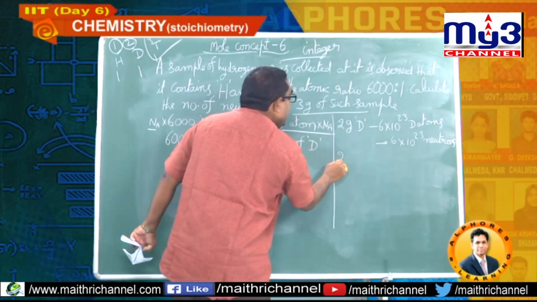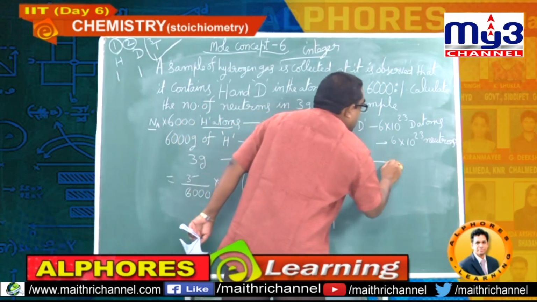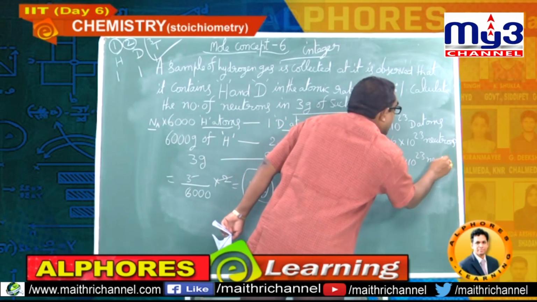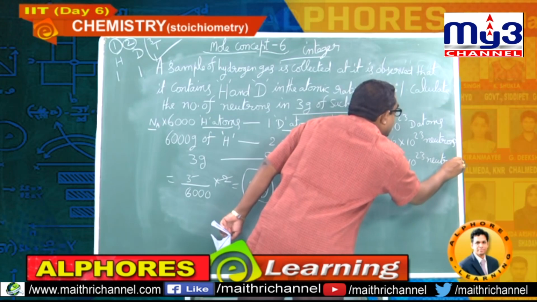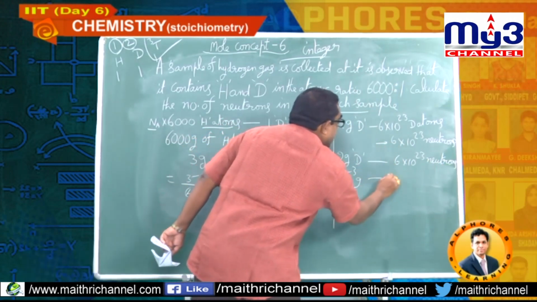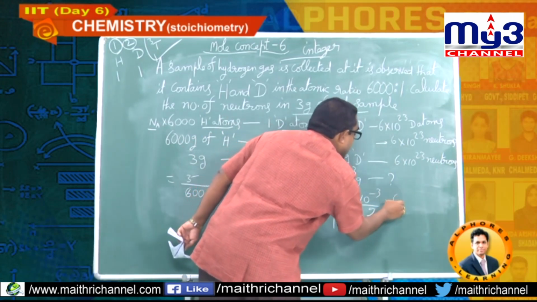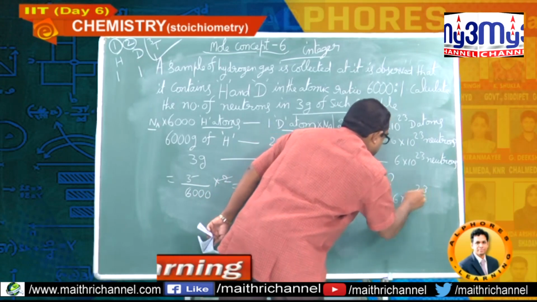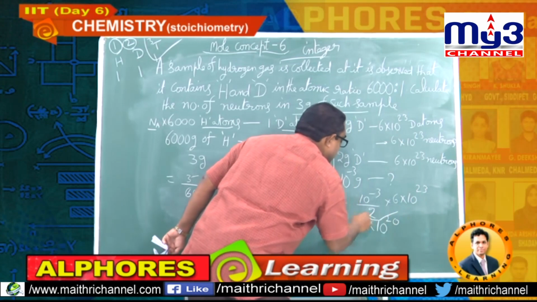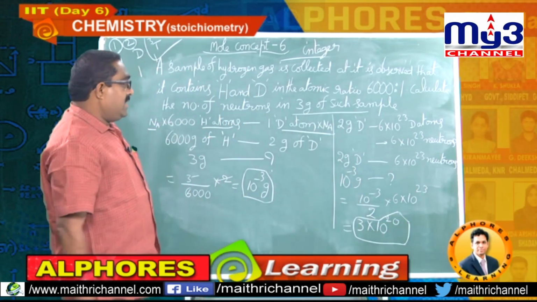Right, I am directly writing now. 2 grams of deuterium contains, write down, 6 into 10 power 23 neutrons. But this time how much grams are there? 10 power minus 3, our answer. So final answer 10 power minus 3 by 2 into 6 into 10 power 23, that is 3 into 10 power 20. That is the final answer, students.